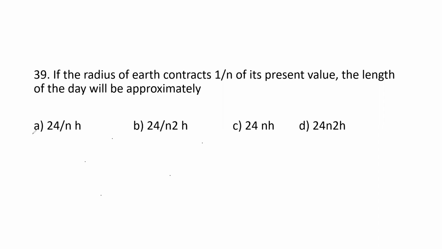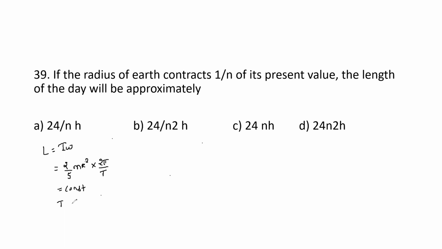We know that L is equal to I into omega. L is angular momentum, I is moment of inertia, omega is angular velocity. So this is equal to 2 by 5 m r square into 2 pi divided by T, and this is constant.